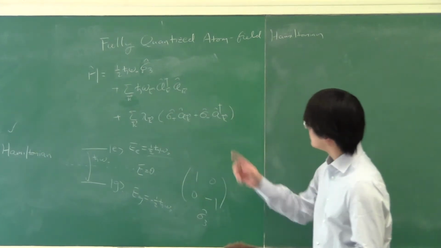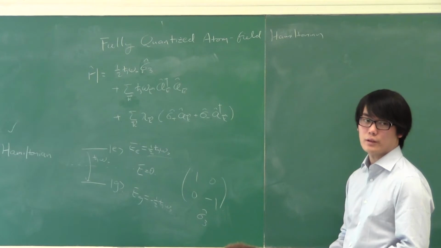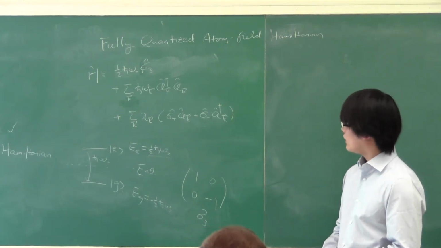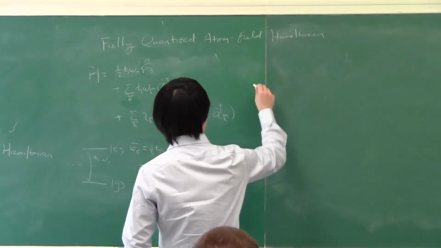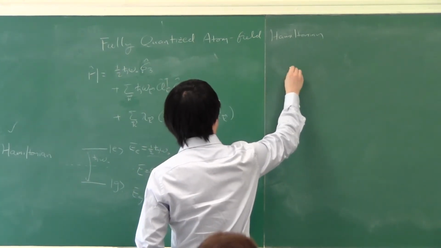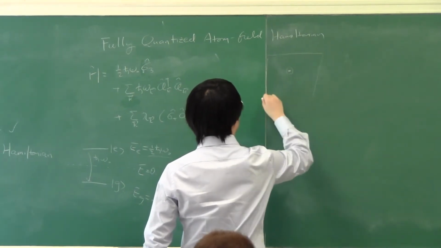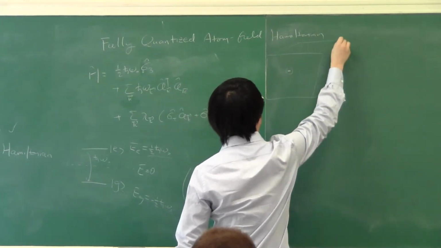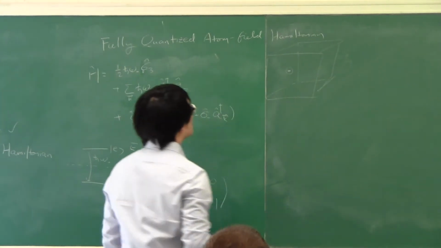So now this atom is coupled to a bunch of different wave numbers, so a bunch of field modes. And you can study, let's say, an atom sitting in some big volume where we have done the quantization.